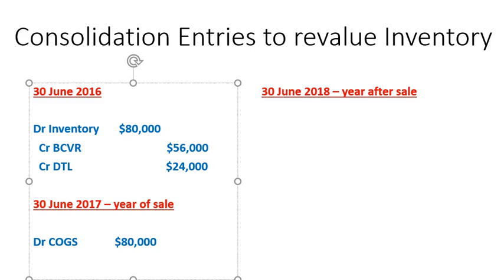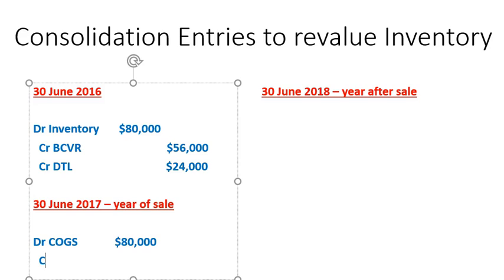But because we need to recognize the fair value of inventory at $150,000 on our consolidated balance sheet, then when we sell all of that inventory, we will need to increase the COGS by $80,000. So we have the $70,000 of COGS from the subsidiary, plus the $80,000 increase in COGS that we've made as an adjustment. So that will get us to the total COGS of $150,000.